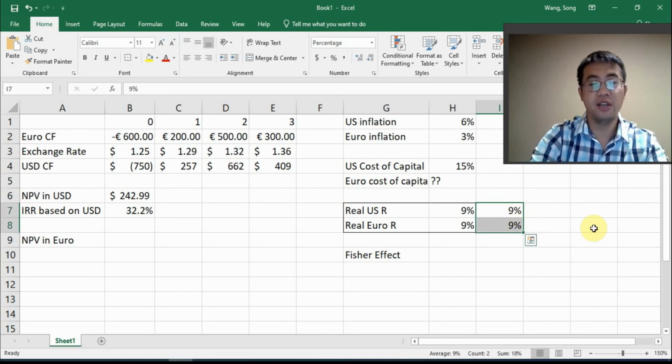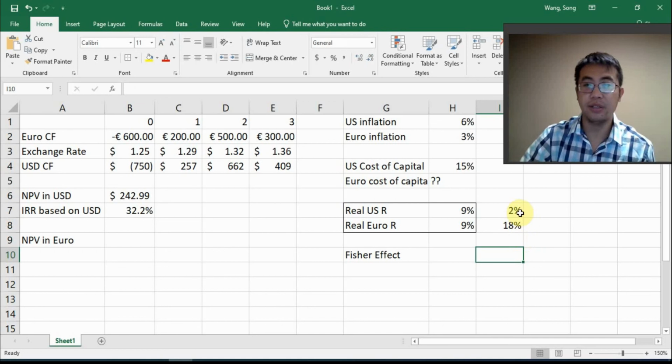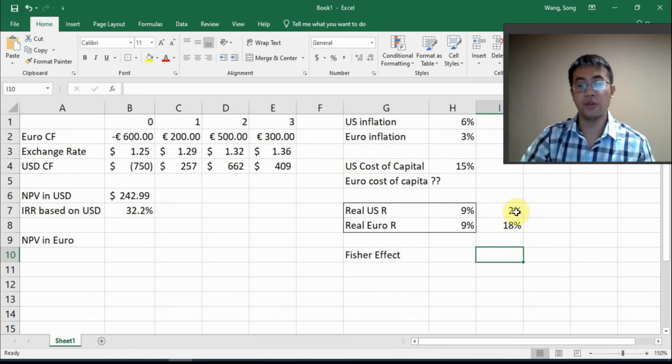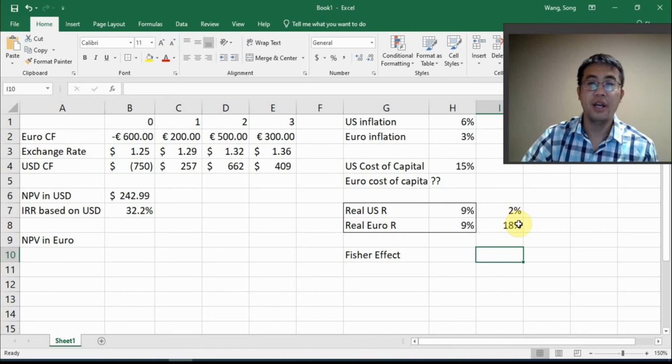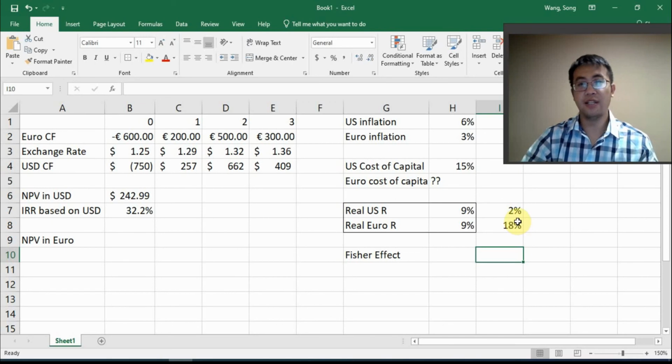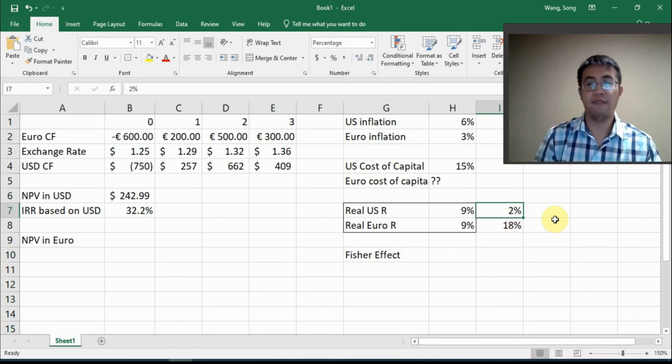And vice versa, if the US has a lower rate, 2%, and the Eurozone has a higher rate of 18%, then our money would go to the Eurozone because their investment return is much higher. As a result, there is less and less money available in the US, so the bank has to increase the interest rate to attract investment, and this rate would go up.